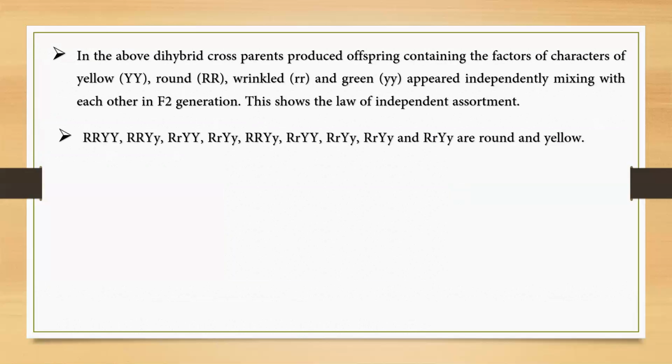At last, in the F2 generation, we get the pure lines of round yellow seeds as well as the pure lines of wrinkled green seeds.